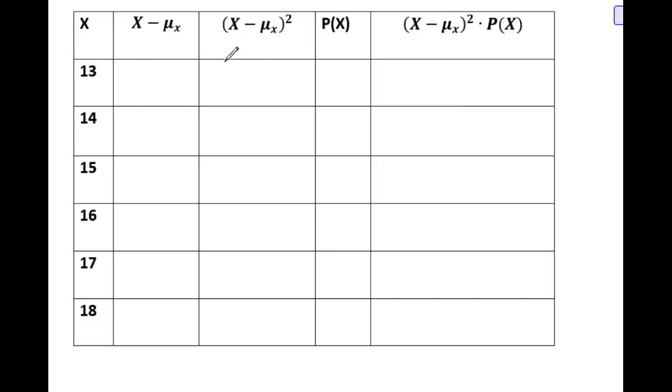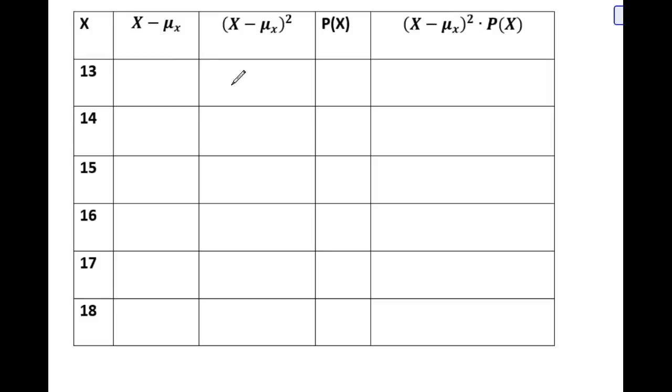It is similar to what we set up before for variance and standard deviation. We have our value, our value minus our mean, and our deviation squared. The difference here is we add two last columns: our probability, and then our probability times our deviation squared.